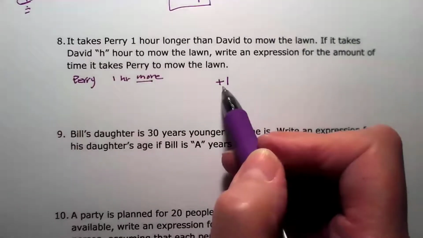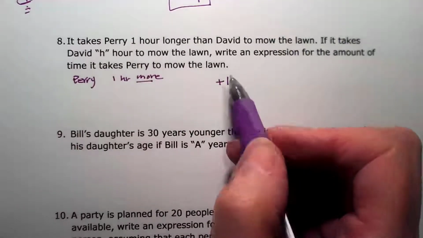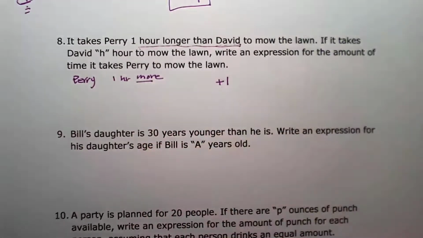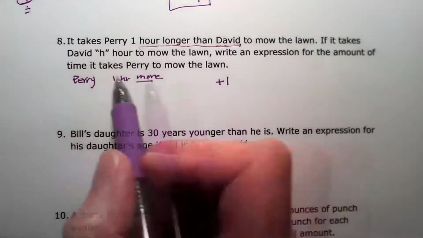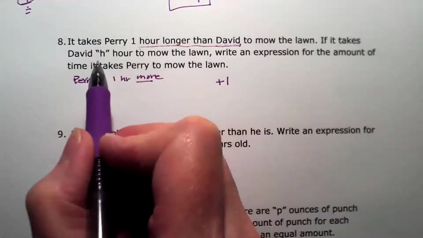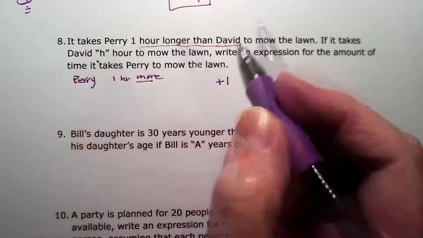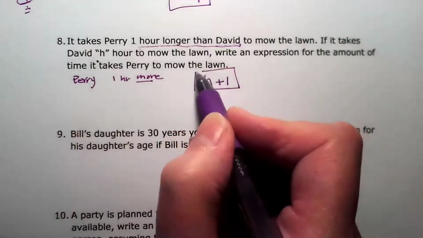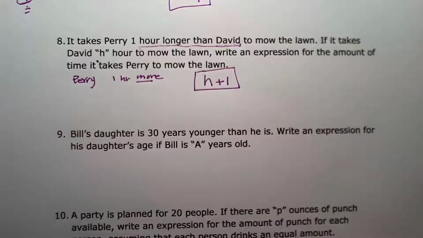Well, 1 hour more than what? Well, than David. It's going to take 1 hour more than David to mow the lawn. So they want you to use H for how many hours it takes David to mow the lawn. So it's H plus 1. So first I realized I needed to add, and then I just had to figure out what am I adding.